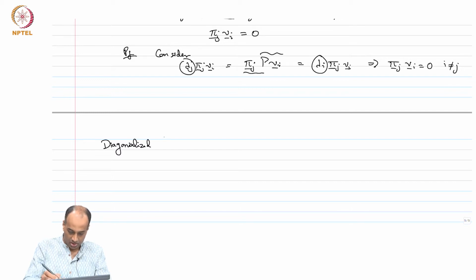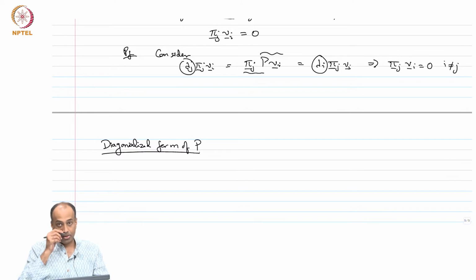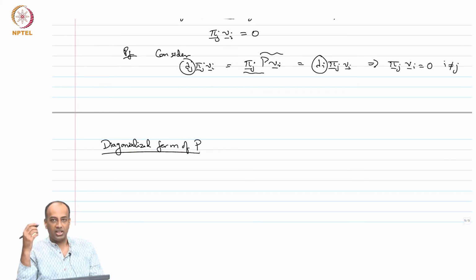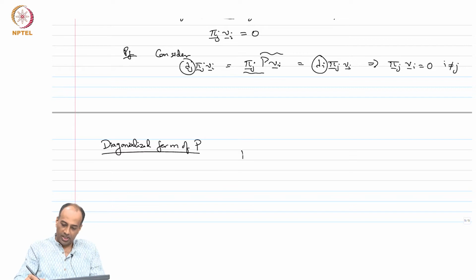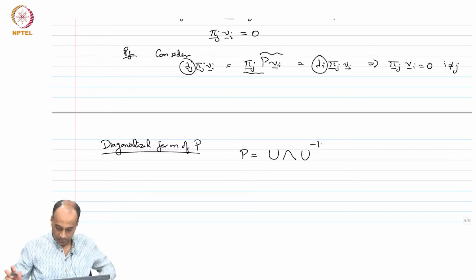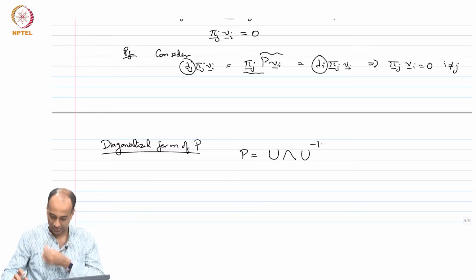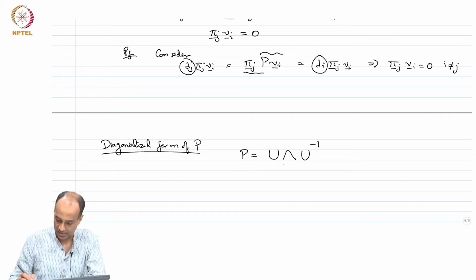Diagonalized. Since the matrix P is assumed to have distinct eigenvalues, you can always write a diagonal representation of P, or diagonal decomposition. Namely, P can be written as U lambda U inverse, all right, where I should tell you what these matrices U and lambda are.